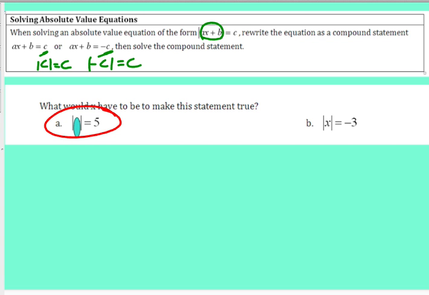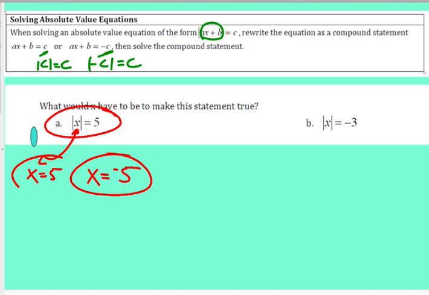Well, the absolute value of 5 is 5, and the absolute value of, yes, -5 is 5. So what I'm saying is, if I pull this x outside of there, x could equal 5. If I plug that 5 in here, absolute value of 5 is 5. But x could also equal what? -5. So whenever you're working with absolute value equations, you should have two answers.